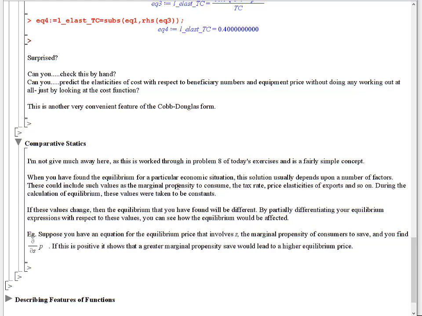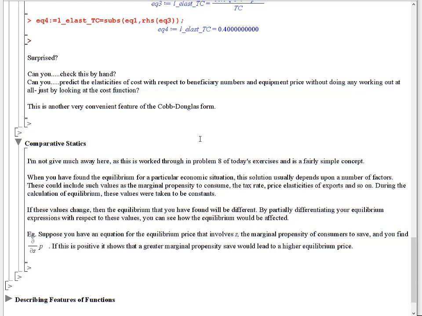So say you've done all this, maybe some of these factors are involved, and you found an equation for the equilibrium price involves S. That's the marginal propensity to save. If you find that differentiating that equation for the equilibrium by the S gives you a positive number, it shows that greater marginal propensity to save would lead to a higher equilibrium price, assuming that all these other factors that might be involved stay the same.